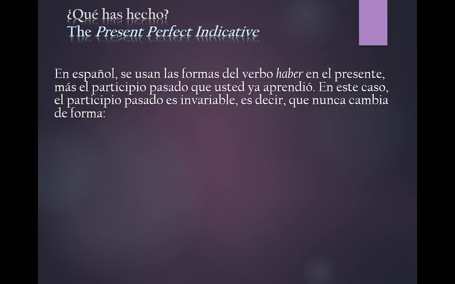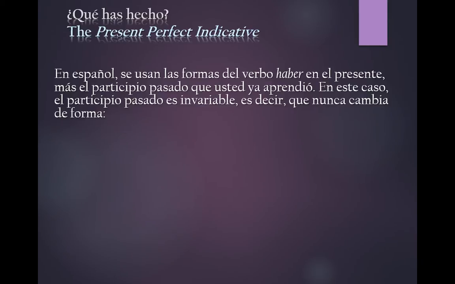En este caso, el participio pasado es invariable, es decir, que nunca cambia de forma. When we form the perfect tenses by using haber plus past participles, past participles in this case will not change. They are what we call invariable. So when you learned past participles before as adjectives, you have to make them agree in gender and number.